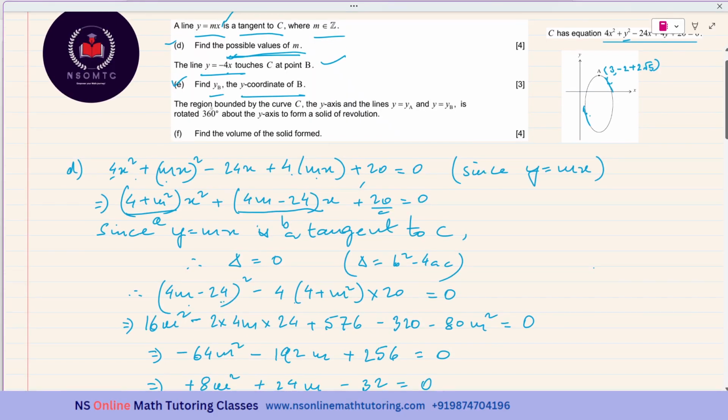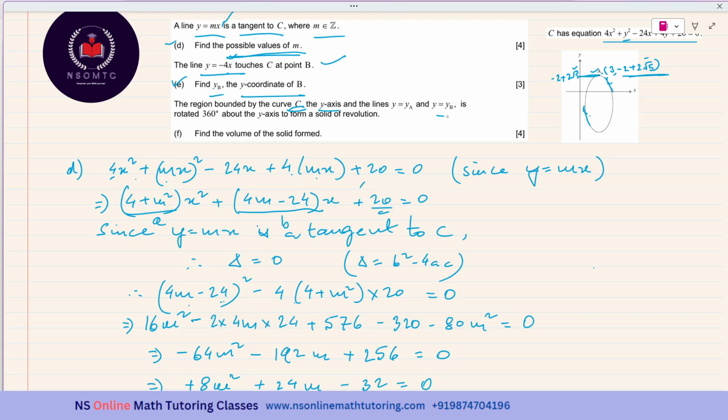Now, the region bounded by the curve C, the y-axis, the lines y equal to ya, that means negative 2 plus 2 root 5, the y coordinate of this point E. Okay.